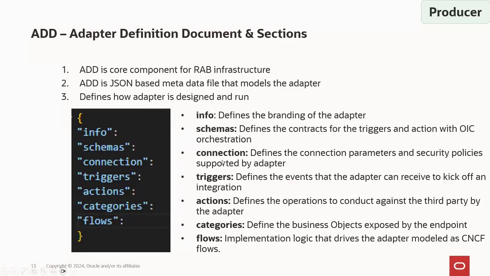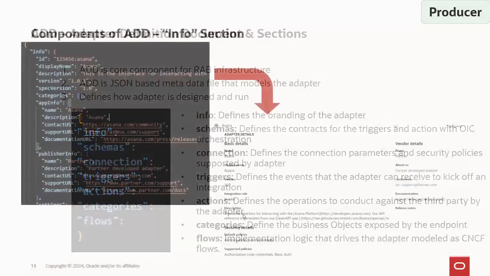Connection is where you define your connection parameters, what needs to be mandated, how your UI is going to look when I create a connection out of this adapter. All that stuff is detailed here. And triggers, actions, all these things. Categories are the business objects. Flows is what defines, say, for this connection, I want to use this test flow. And where do you define that? It is all done in flows, right?